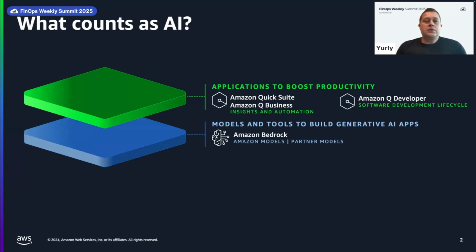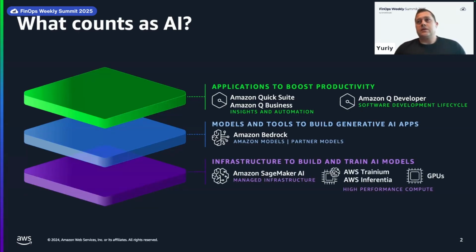Another layer is models and tools which you can use to build your generative AI applications. A great example here is Amazon Bedrock, because it allows you to use a variety of models. Then there is the infrastructure layer to build and train your AI models, such as SageMaker, or specialized EC2 instances, such as AWS Trainium or different GPU instances, which we provide as well.